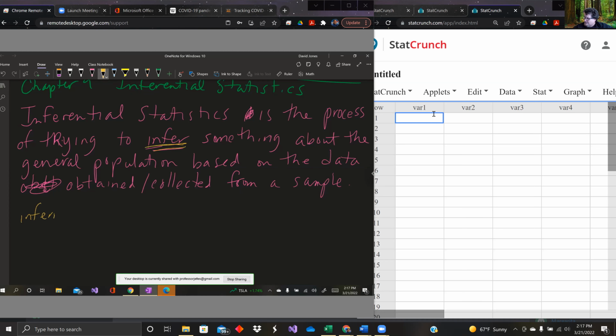Inferring or inference is making an assumption, and hopefully a reliable assumption. Okay.